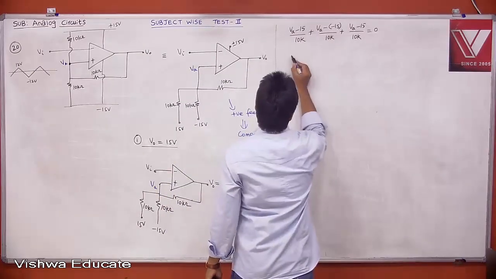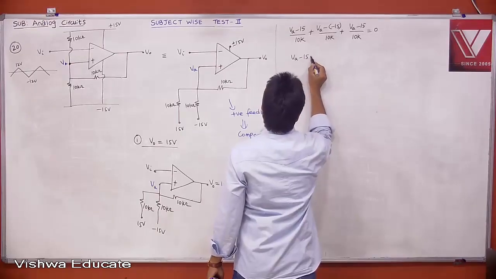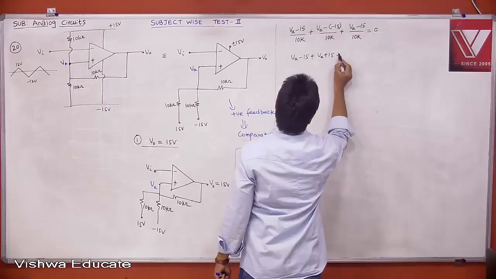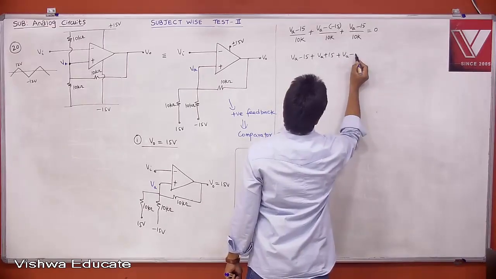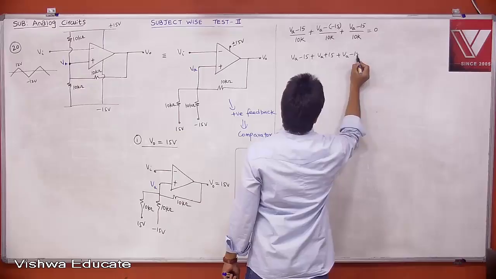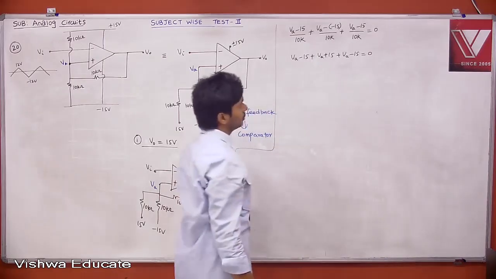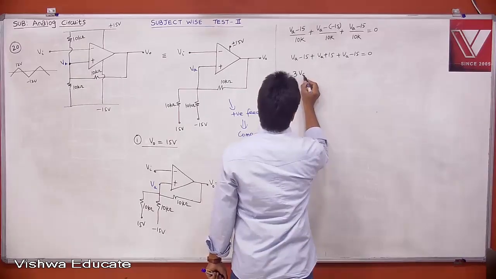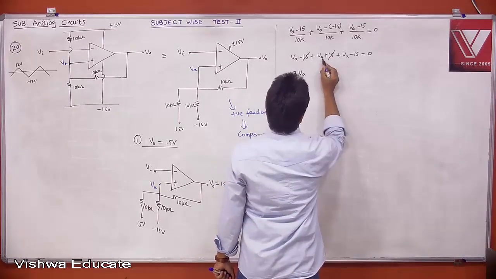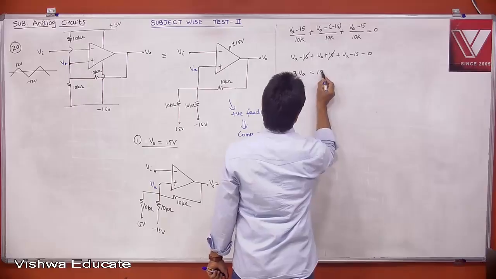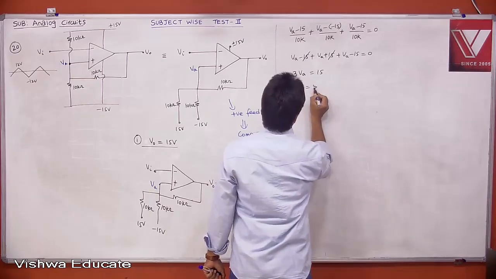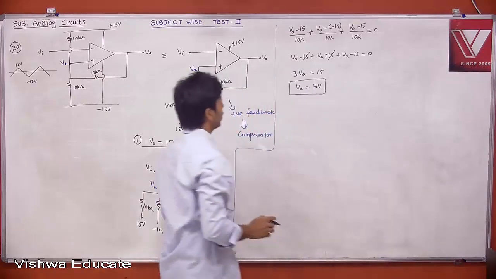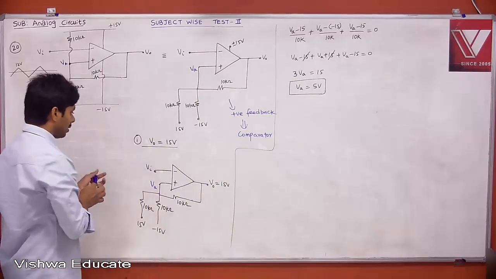Then VA minus 15 plus VA plus 15 plus VA minus 15 is equal to 0. Then 3 VA minus 15, plus 15 will be cancelled, is equal to 15. Then what is your VA? VA is equal to 5 volt. What does it mean? Therefore, now what is your VA if this is 5?